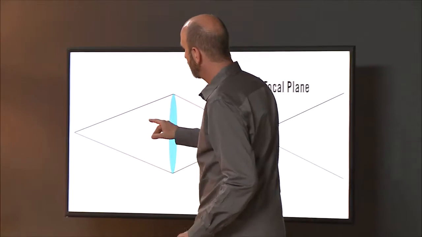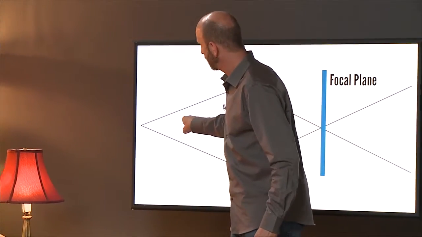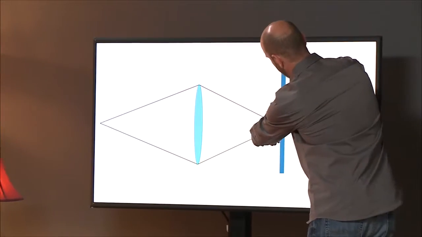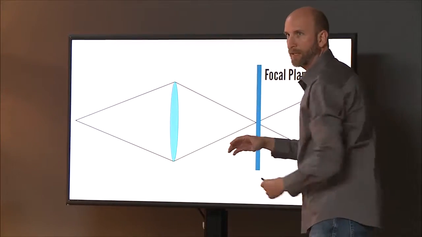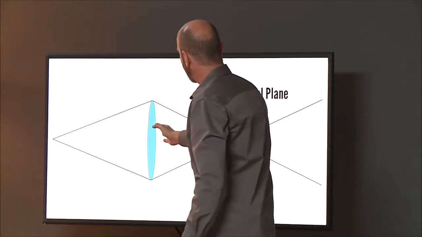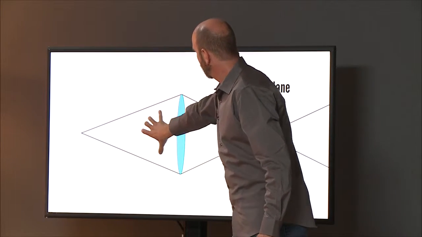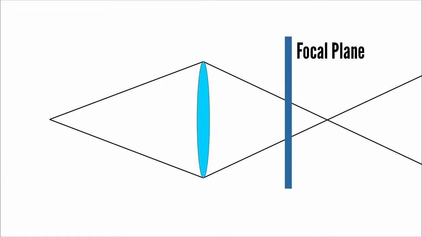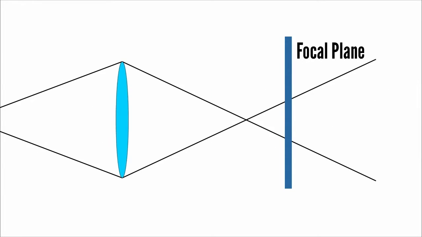And what happens is different point sources of light at different distances will have different focus points. So that's why when you're racking your focus and you're moving your lens back and forth, if you move it back, now this isn't focused because we've moved our lens, the focus is back here, or if we move it forward, it's up here. And so that's how we can choose what's in focus.